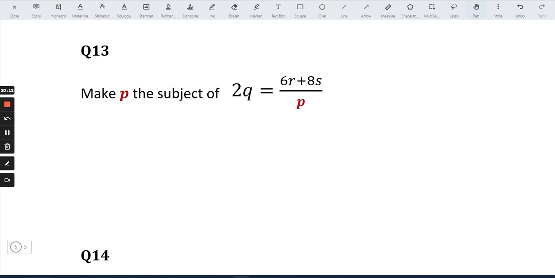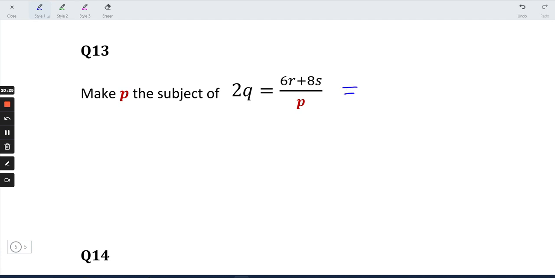And question 13, also the same. So here maybe someone will say that we can swap between 2q and p, and we will get the answer p equals 6r plus 8s over 2q. I will say yes, this is what you can get, but it does not always work, so you have to be careful in this case.